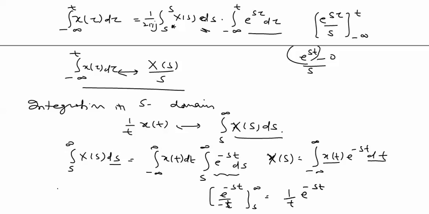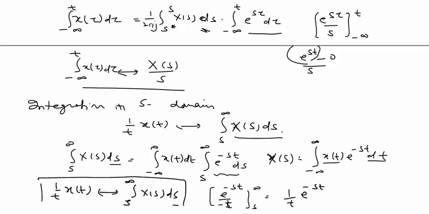The final answer for this is 1 upon t x(t), whose Laplace transform is the integral from s to infinity of X(s) ds. This is our complete final answer. All the four properties we can derive from integration and differentiation with the desired formula. Move ahead.